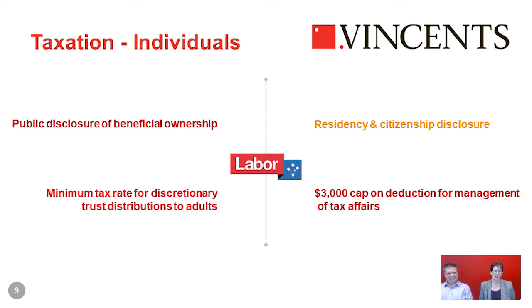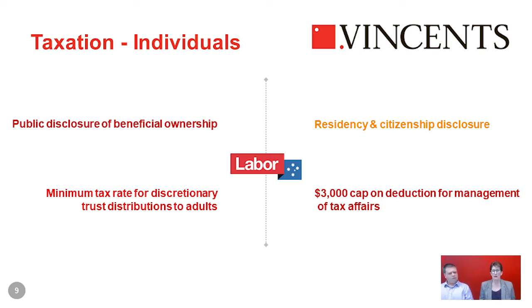I mentioned before the Greens talking about the tricks of tax avoidance in trusts. The Labor Party are looking to introduce a 30% tax rate on trust distributions that are made to adults. So it's aimed at circumstances where tax can be paid at a lower rate if it's split amongst beneficiaries that have got lower tax brackets.